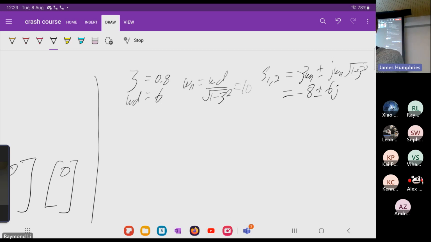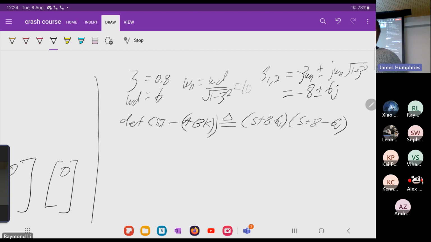We are going to need the determinant of sI minus (A minus BK) to be effectively equivalent to (s + 8 + 6j) times (s + 8 - 6j). Okay?